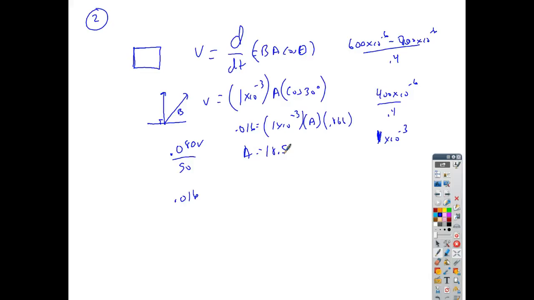Let me check. Is it 18.5? I matched those. Okay, so if that's the thing, then the size would be 0.5, which would be 4.3-ish, with the length of a side.